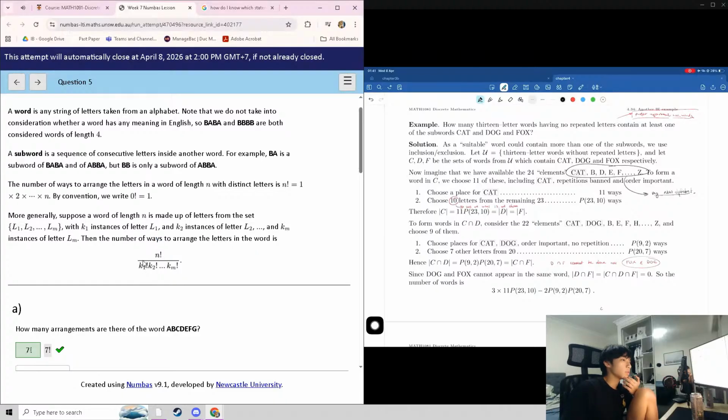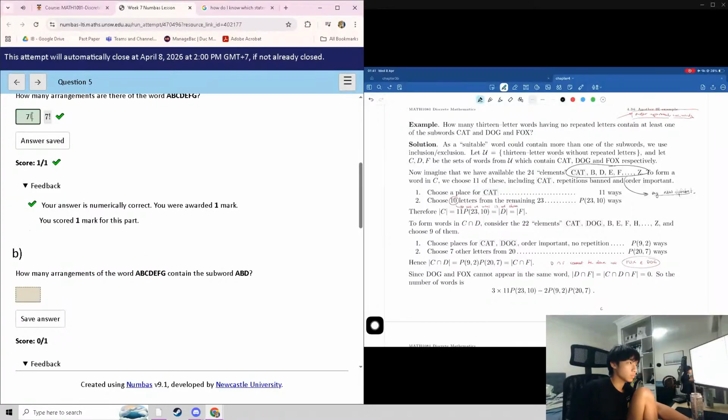To divide the amount of times, or not? Is it?